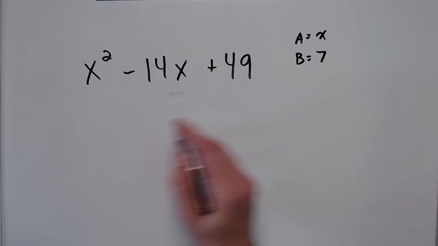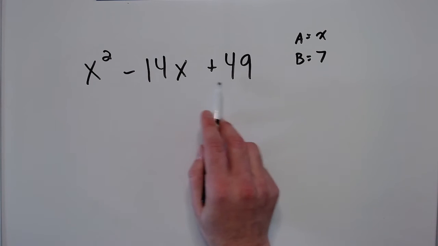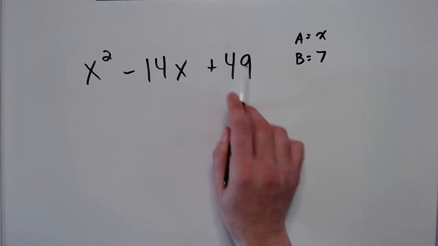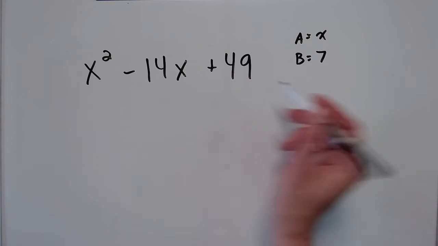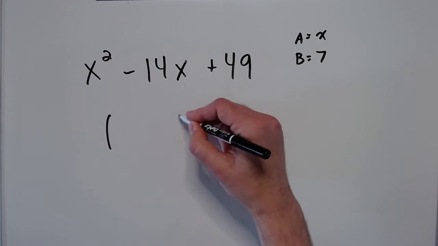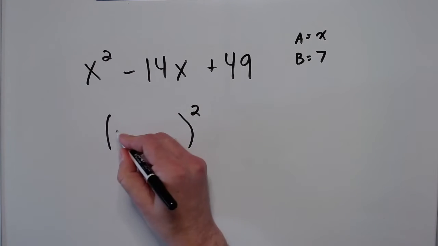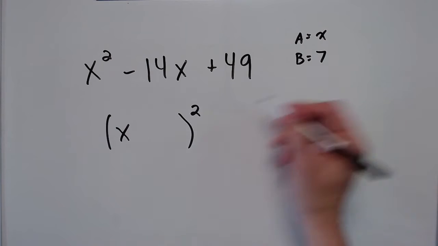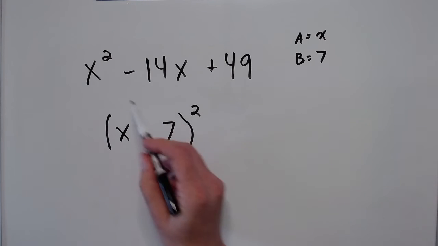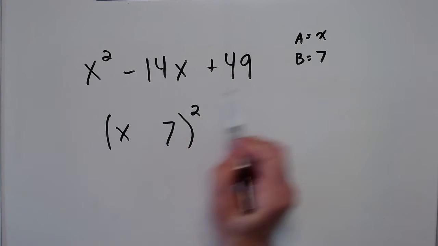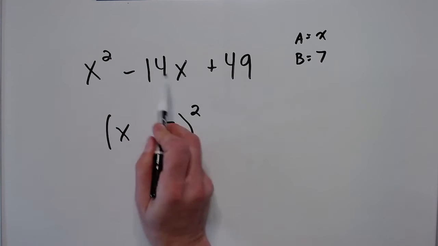So let's take a look at this here. We've got a minus sign here. So we need to figure out what times what would get us a minus 14x. So we know it's going to be something squared. It's going to be a binomial. We know the first part is x, and we know the second part is 7. Because this is the negative form, we've got a negative term in the middle.